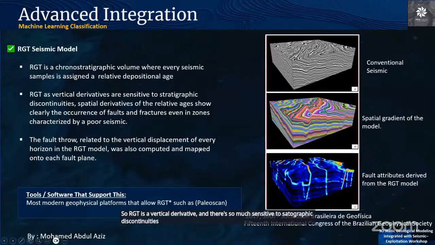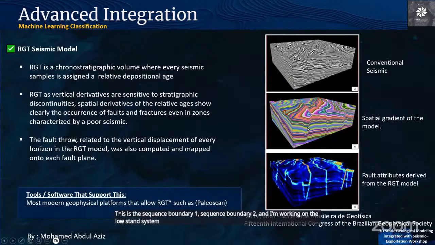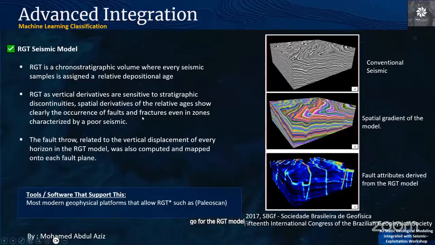For sure, it needs your help. It needs your guide. Once you guide the software and tell it, this is sequence boundary 1, sequence boundary 2, and I'm working on the lowstand systems tract, go for the RGT model, okay? Give it some input data.